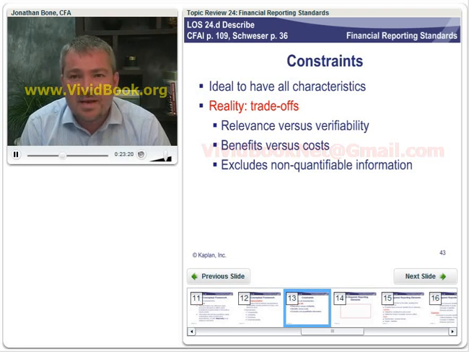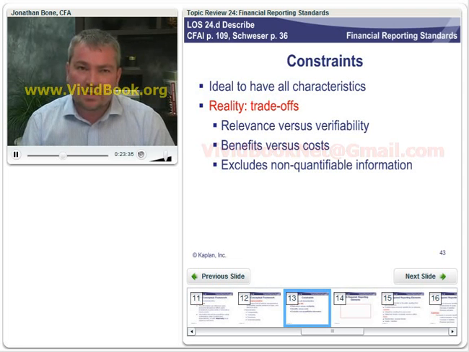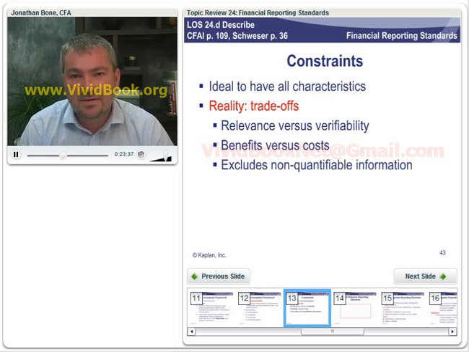What that means is non-quantifiable information, of course, is excluded. Well, when we say excluded, it is, of course, to some degree discussed in the management discussion and analysis, but you should remember the management discussion and analysis is unaudited, unlike the primary financial statements and the footnote disclosure.